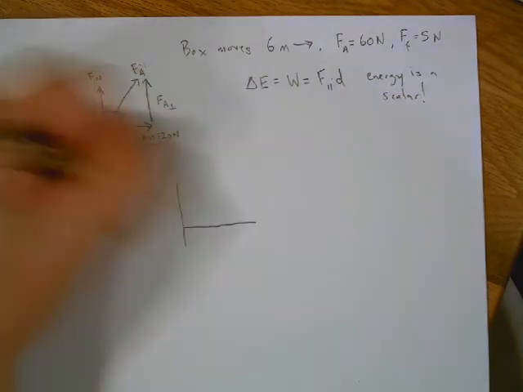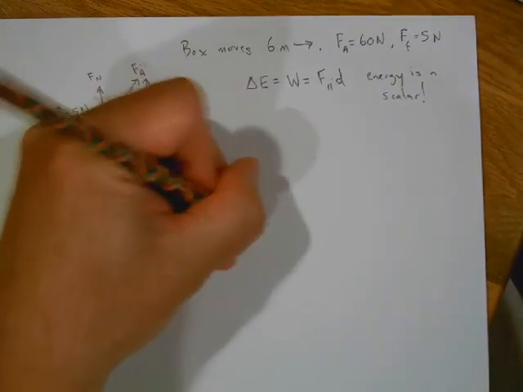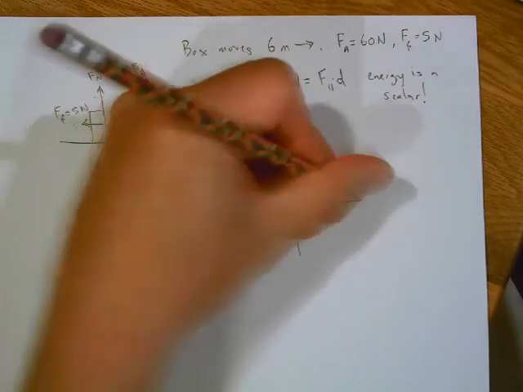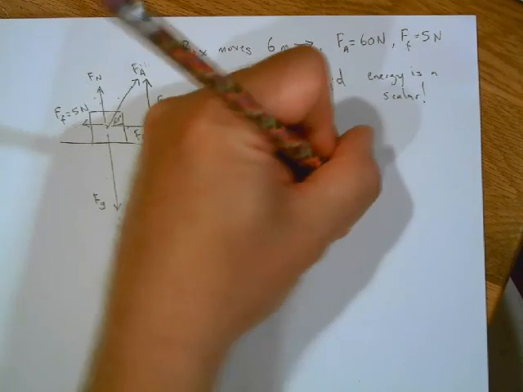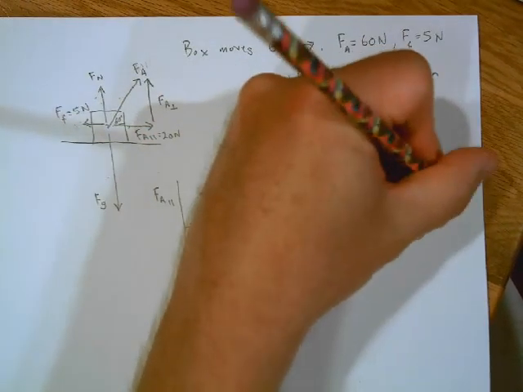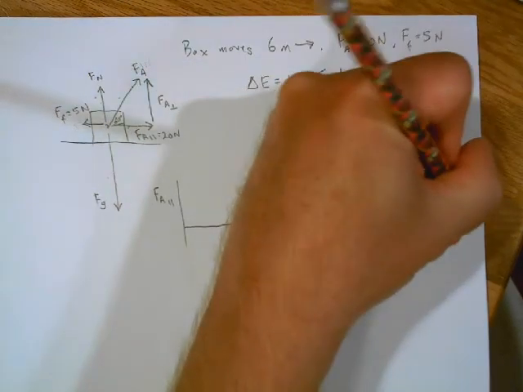We're going to make our 3 graphs, where you're supposed to graph FA parallel and distance, FF and distance, and FNet and distance.